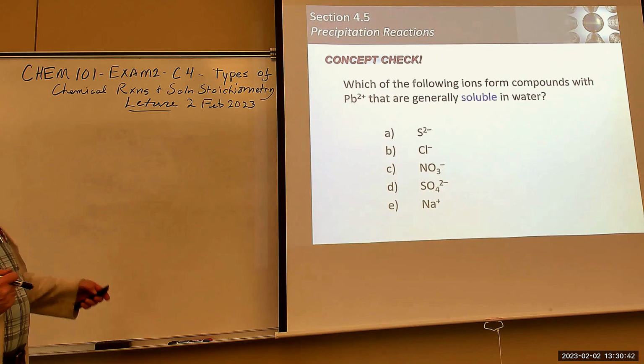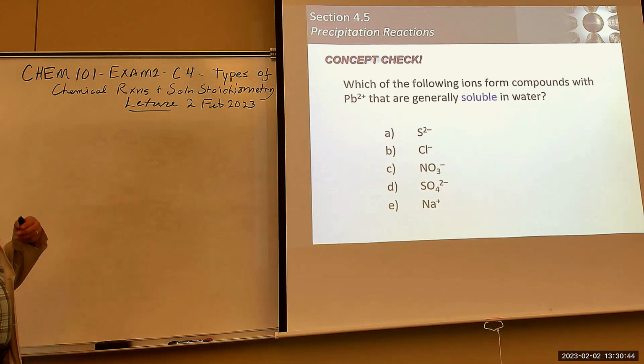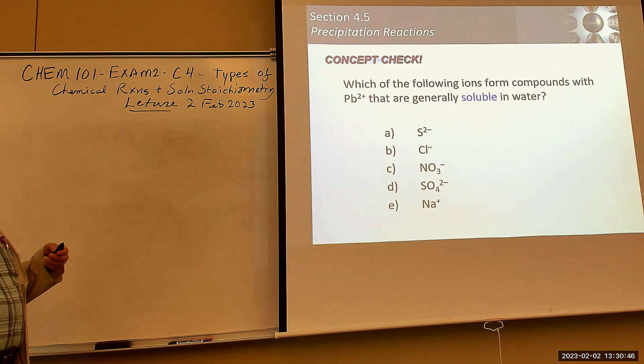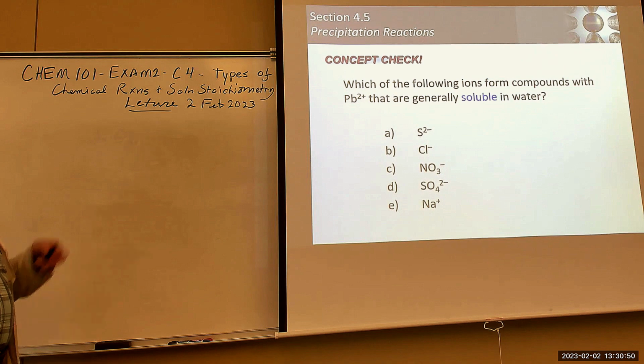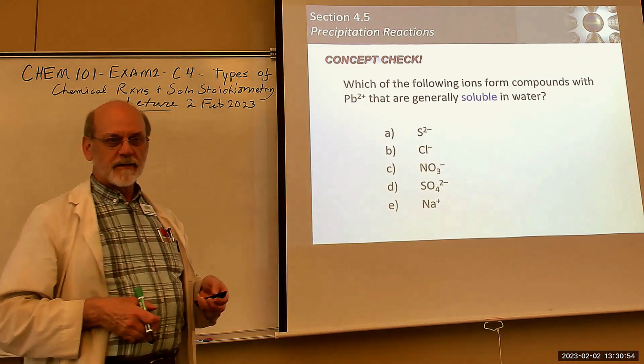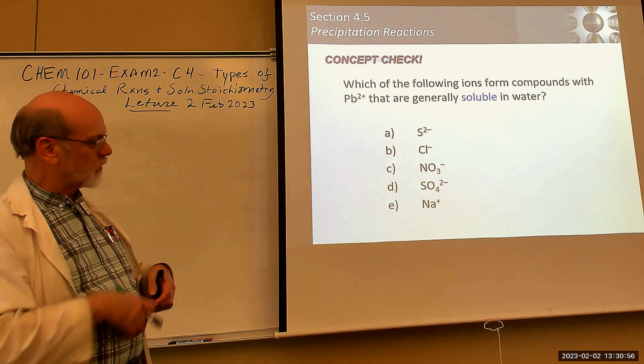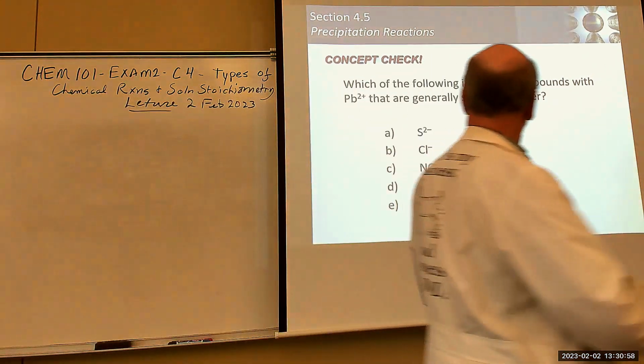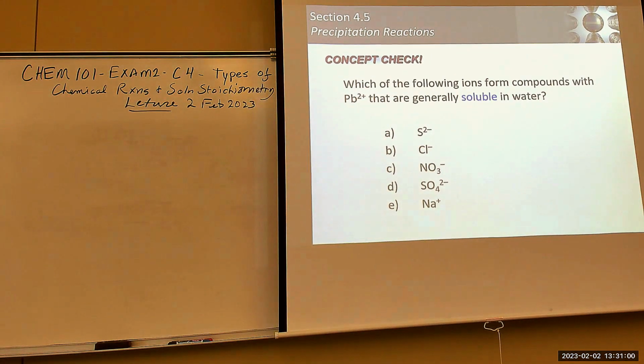So which of the following ions form compounds with lead 2+ that are generally soluble in water? Well, we could go back to the rules, or we could use our chart. So you take that chart and you follow it along. We only have to locate lead, and lead is way over here on the right-hand side.